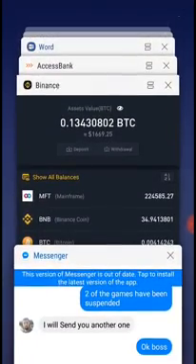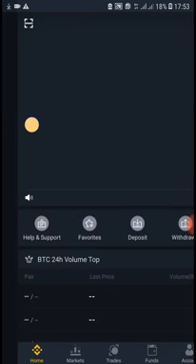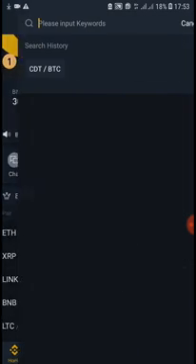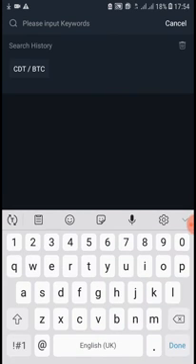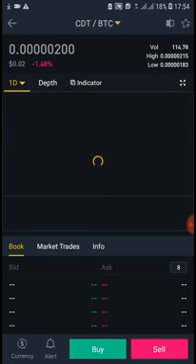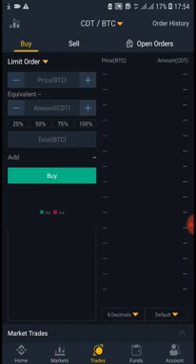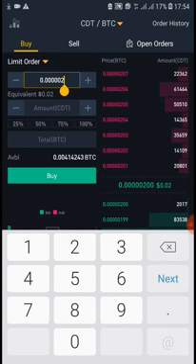Let's go to Binance and see if we can try that to show a practical example. I think CDT should be up by now, but I'm just going to use it. Buy. So let's say I bought at 125 sats and I bought 50,000 coins.